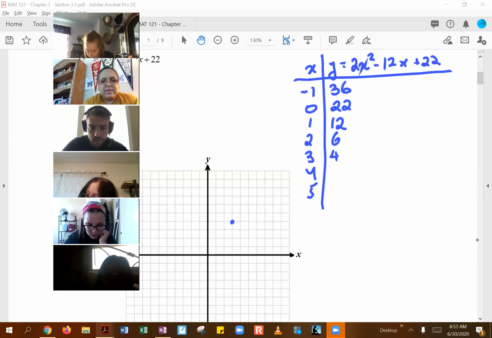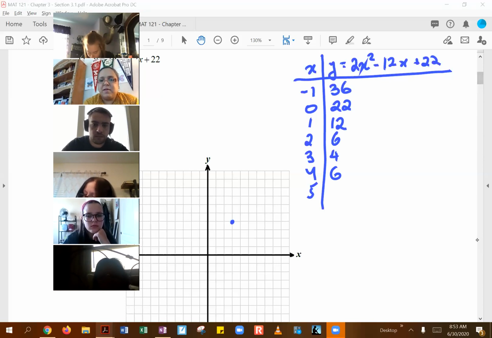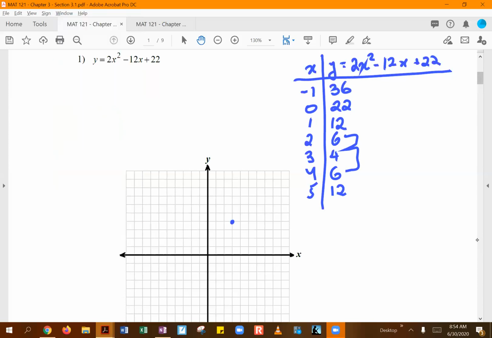I've got 6 from Lori, and then was the 2 for number 5, which I don't think it would be positive. Yeah, it should be 12. Okay, very good. So let's see. Since we are looking at a 10 by 10 graph, we should be able to graph these 3 points, you've got 2, 6, and 4, 6.